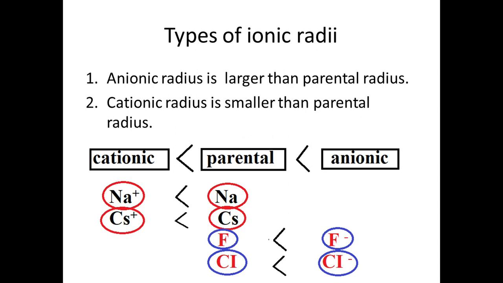Suppose Na plus is obtained from Na by losing one electron. That means the parental atom is the neutral Na atom. So we made two conclusions through this slide: anionic radius is larger than parental radius, while cationic radius is smaller than parental radius. You must remember it because it is quite important. Come to the next.